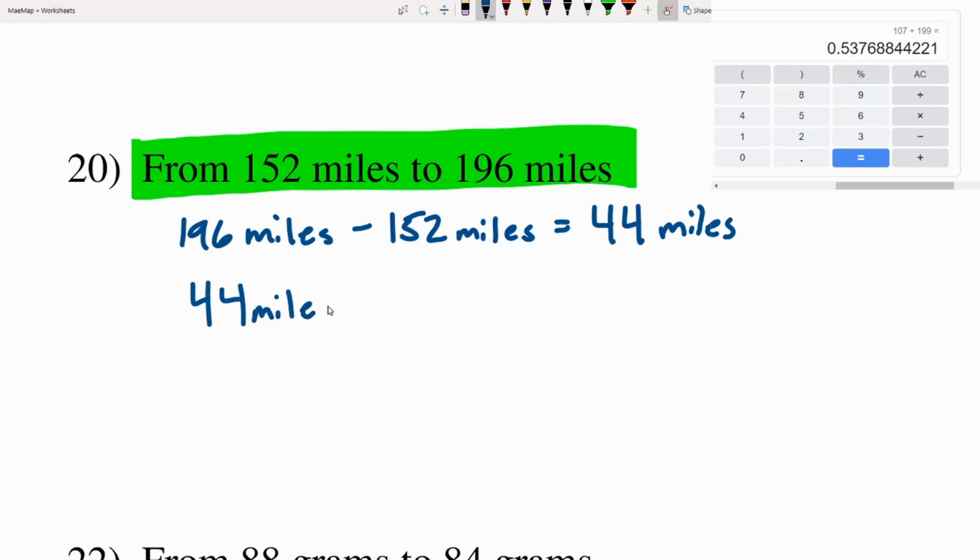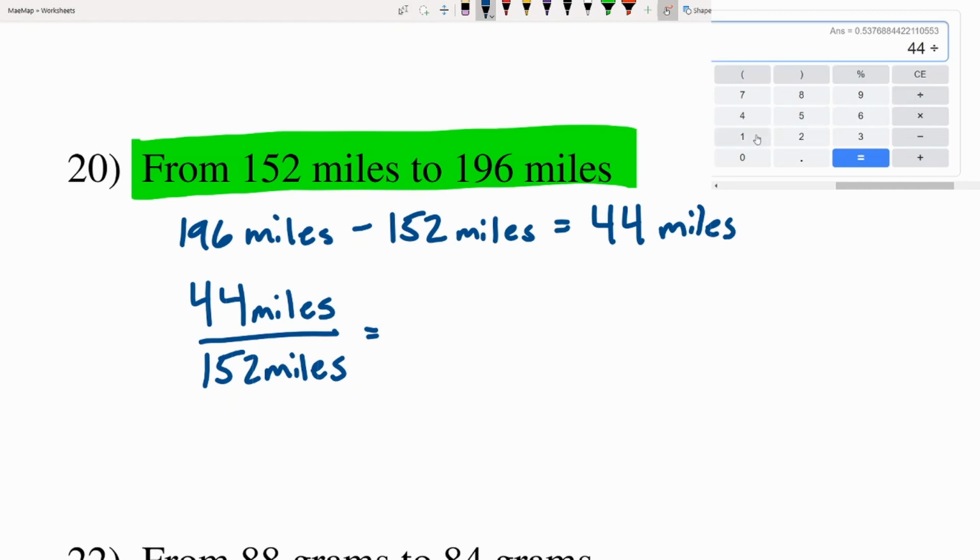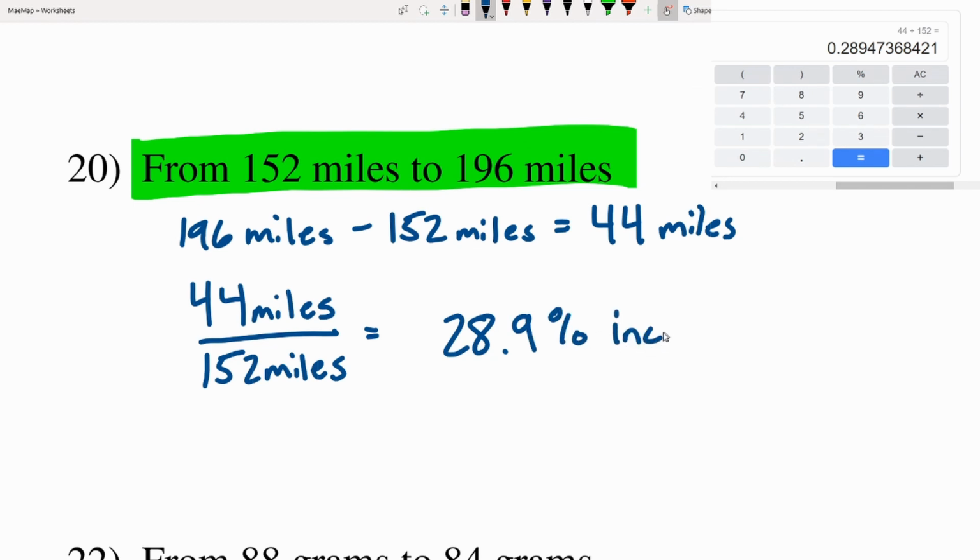Take the change and put it over the original. Change divided by the original gives the percent change. So 44 divided by 152 is 28.9%. And that's a 28.9% increase.